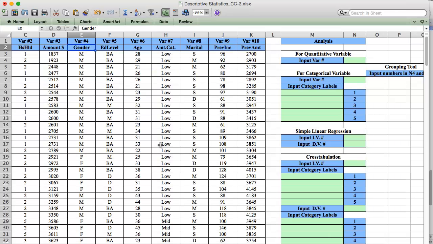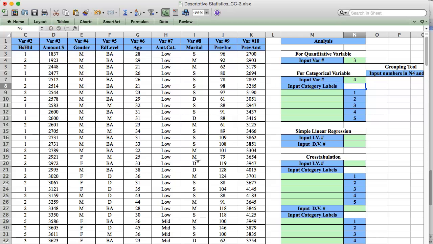So to do our group mean analysis, we just need to group the amount charged data by demographic category. So we're going to use our Excel tool, specifying our dependent variable is quantitative, and then all we need here is a variable number, such as number 4 for gender.